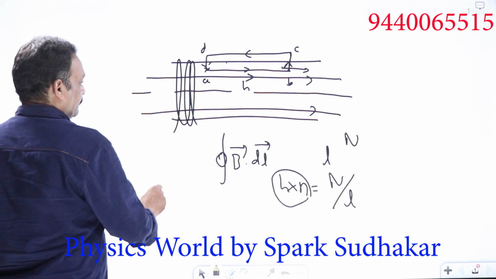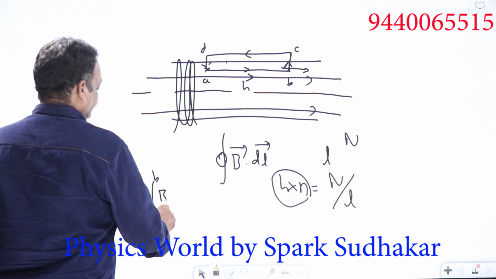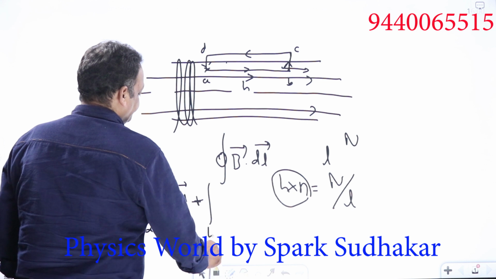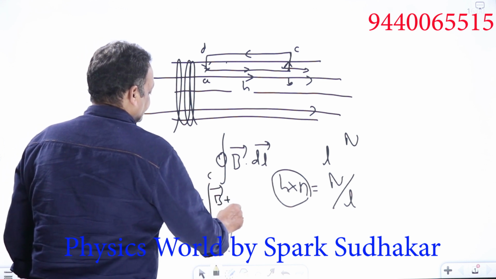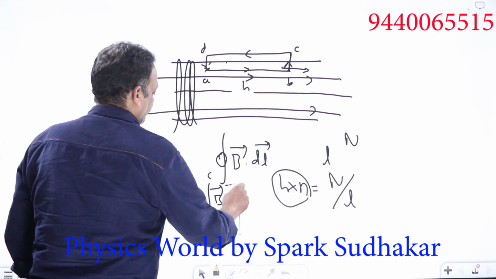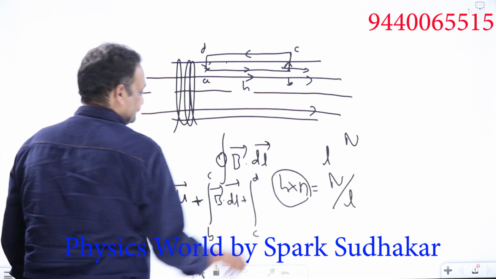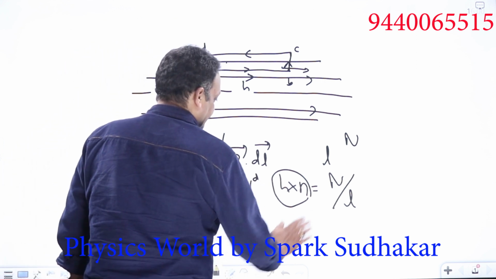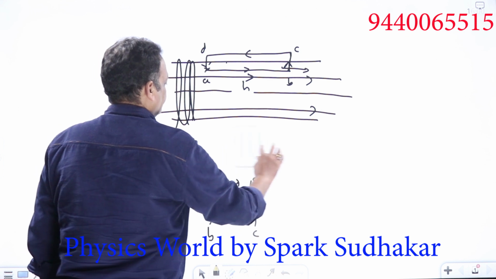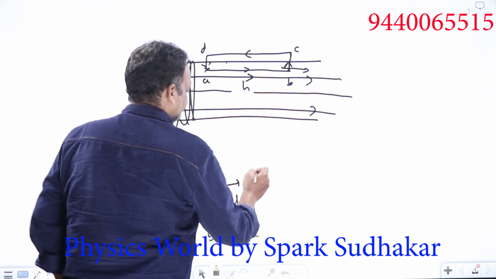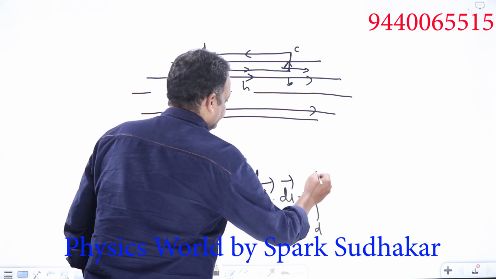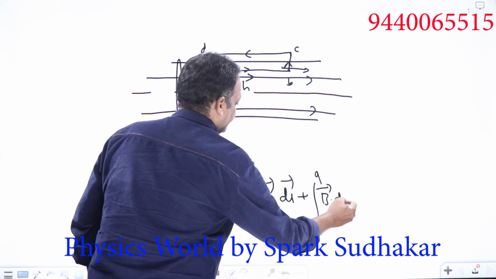First, integral A to B, B bar dot dl bar, plus B to C, B bar dot dl bar, plus C to D, B bar dot dl bar, plus D to A, B bar dot dl bar.